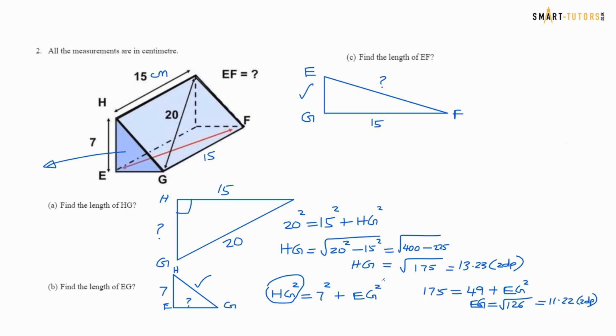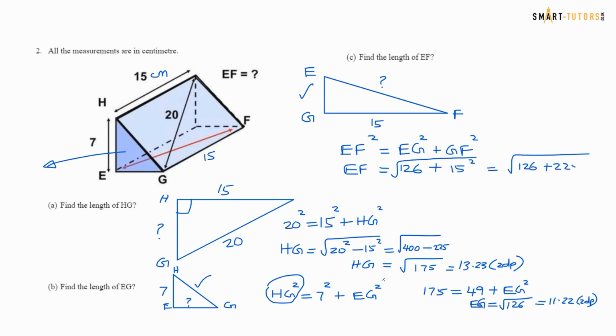Now apply the Pythagoras theorem. So EF squared equals EG squared plus GF squared. So for EG squared, I'm going to apply 126 because it's a square root. EG squared is 126 plus GF squared is 15 squared. So now EF is the square root of 126 plus 225, which is the square root of 351.